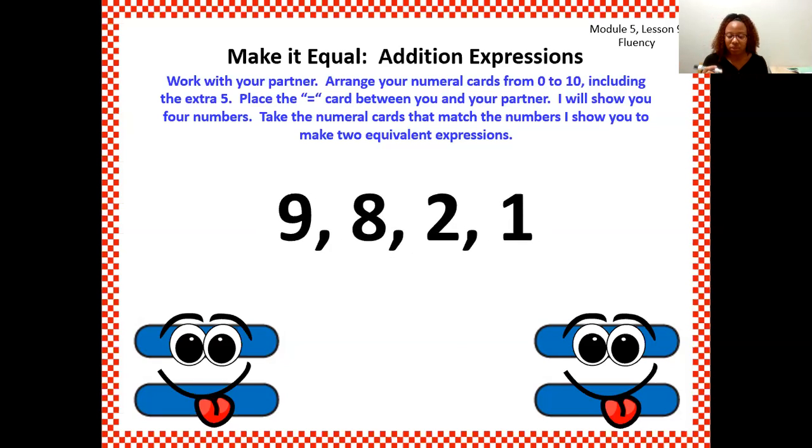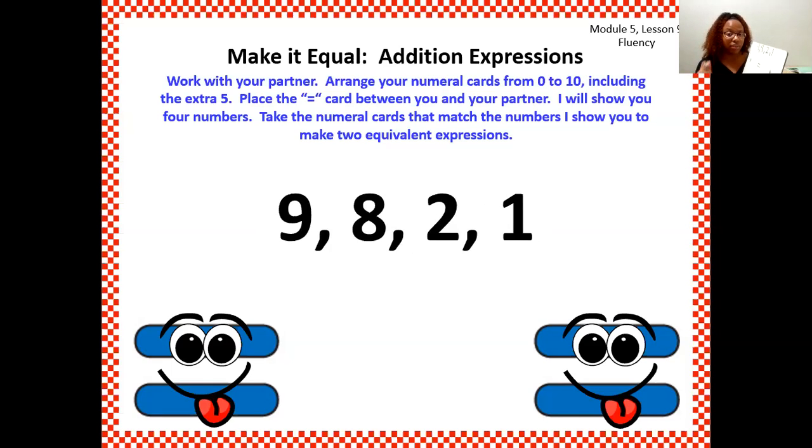So now I have the numbers 9, 8, 2, and 1. On my board, I'm going to go ahead and write my equal sign and my plus sign. I'm going to do the first expression for you.